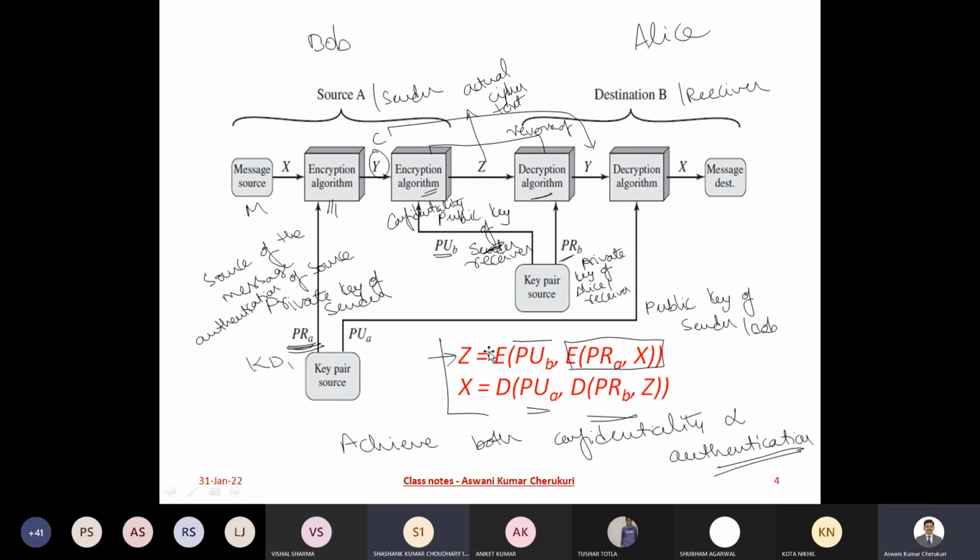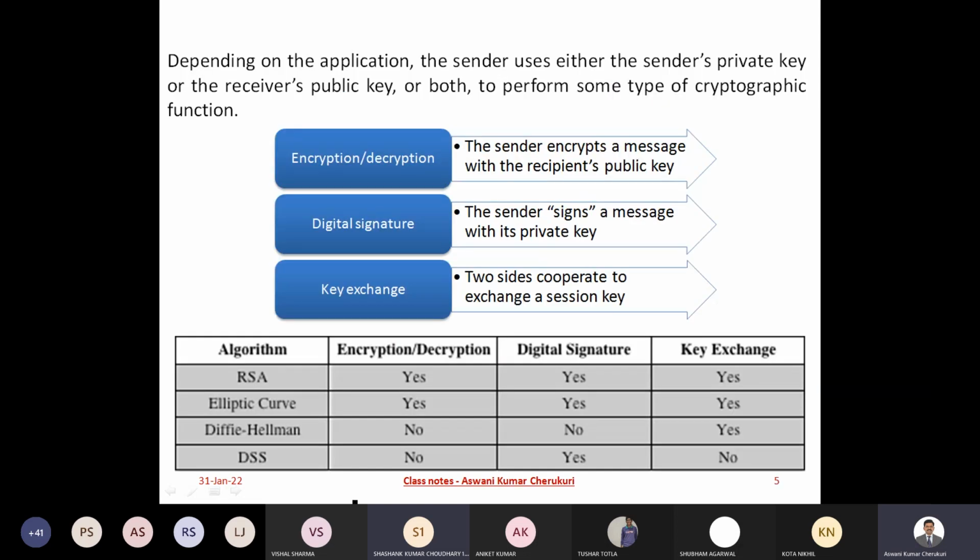So these are all the various fundamental concepts of public key crypto systems. If you notice, you have multiple applications. Depending on the application, the sender is able to use the sender's private key or the receiver's public key or both.